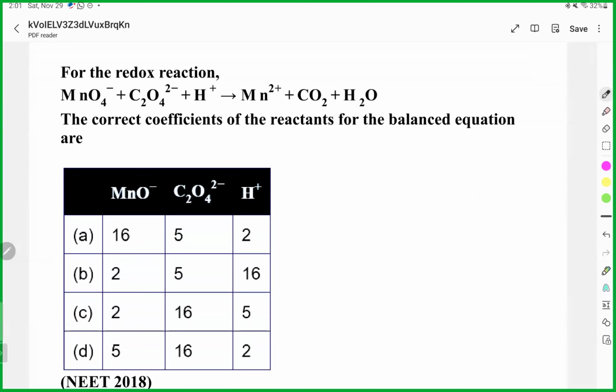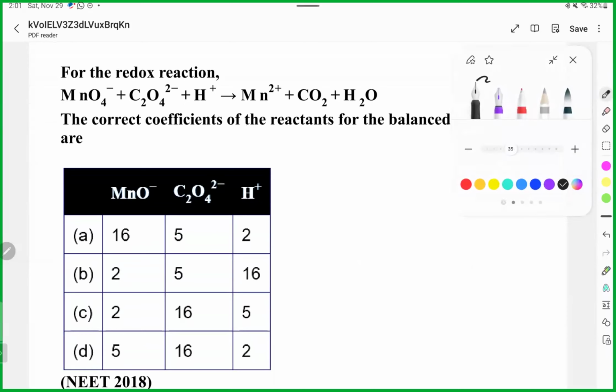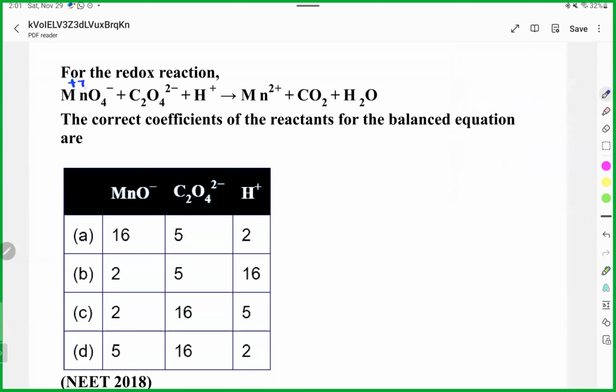Balancing, right? How to do balancing? First see the charge. +7 to +2, so here reduction and 5 electrons gained. Here +3 and here +4, so oxidation by 1.